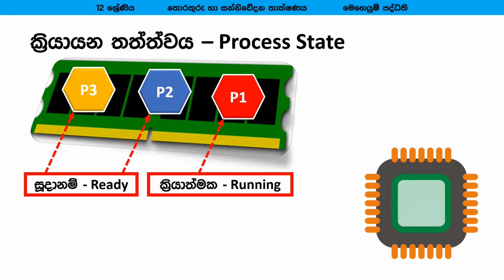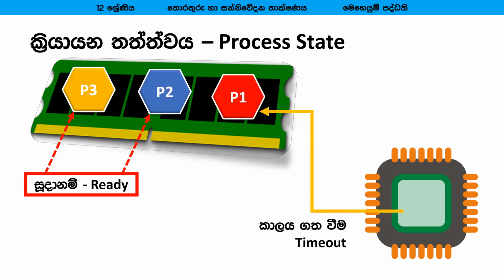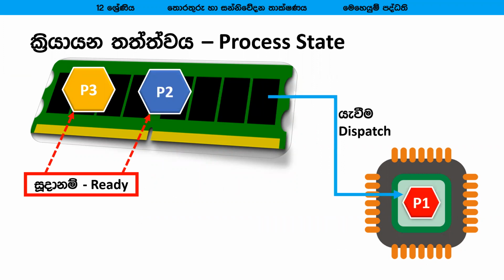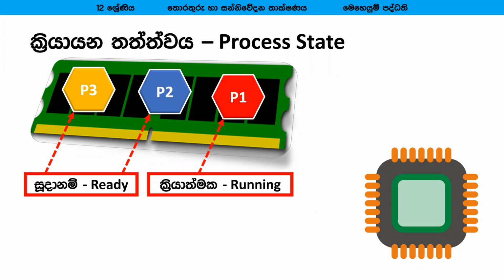It is given the running state just before it is moved to the CPU, right? At the instant that it takes the running state, it will move to the CPU. So earlier it was in the RAM.